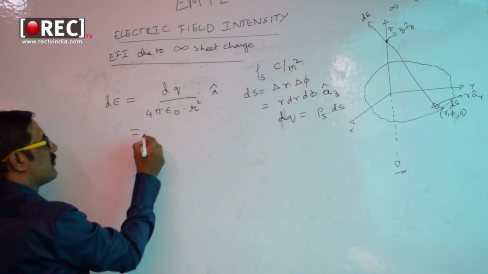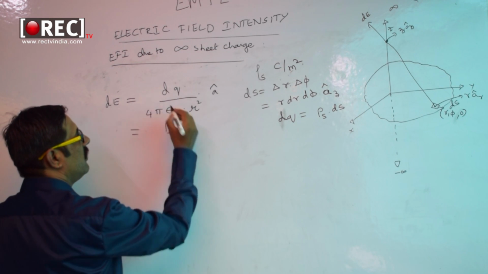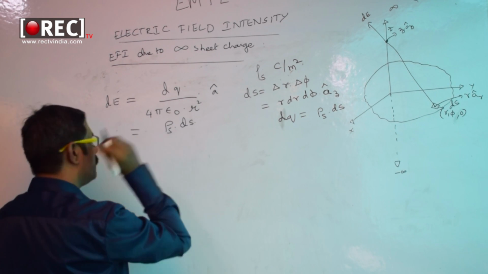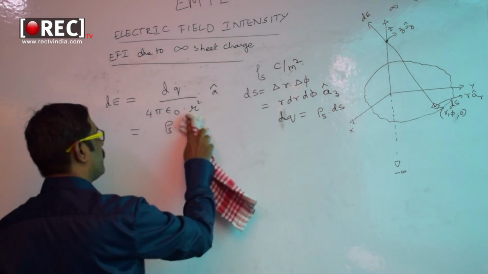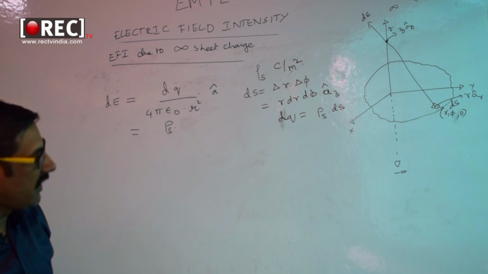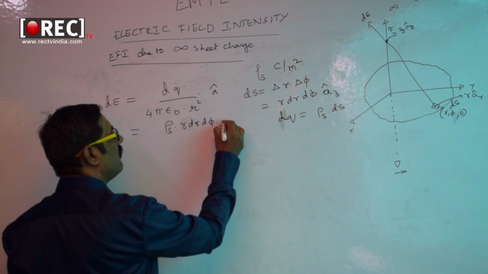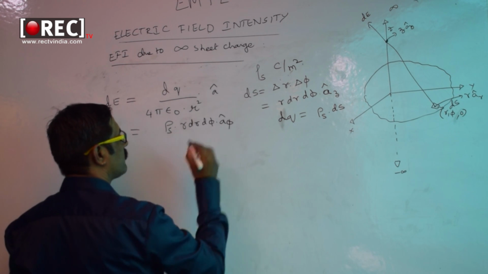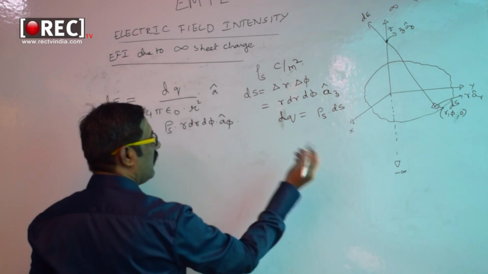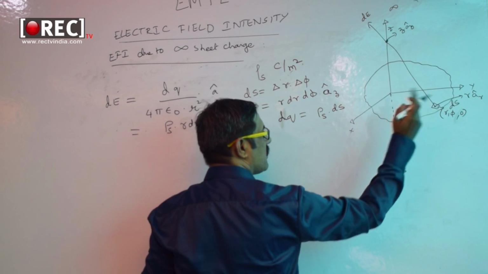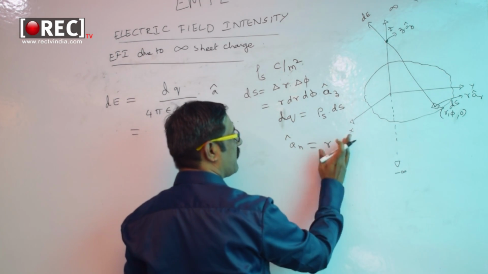Now let us substitute with each and everything. So dQ I can replace with rho s into ds, and ds I can replace with r dr d phi. Now the a cap would be, since it is starting at this point, the second point minus the first point.